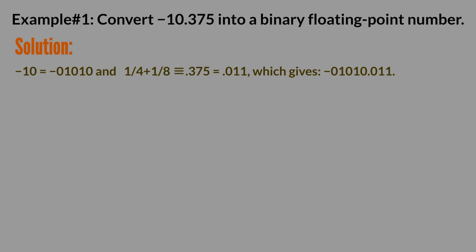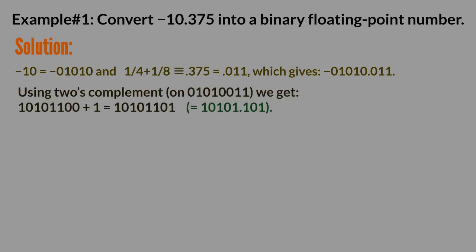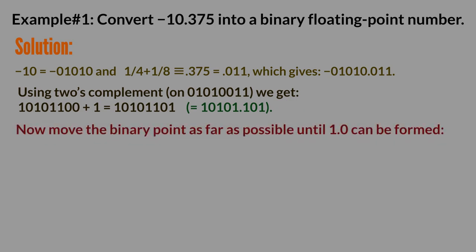But since the number is negative, we need to get the 2's complement of this number. Using 2's complement on 01010011, we get 10101101, in which 10101 is the whole part and 0.101 is the fraction.